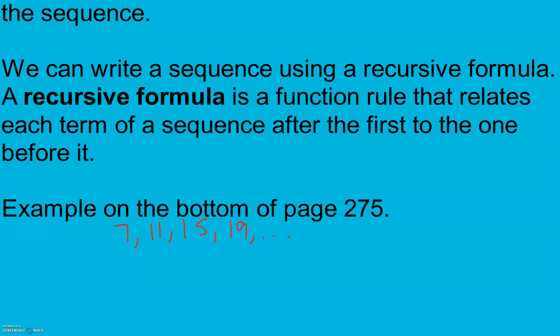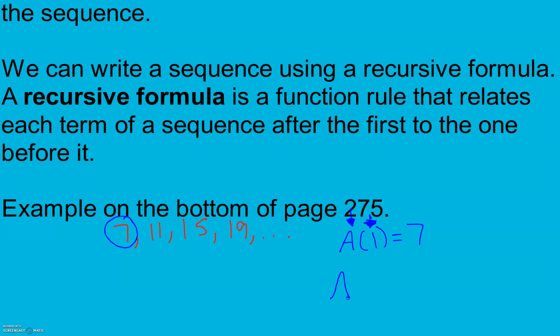When we write our recursive formula, guys, we always have to say where we start. A of 1. This is like the amount of our first term. The number inside is our term number. The A of just tells us that's the amount, the output. Okay, the range. And here our first value is a 7.